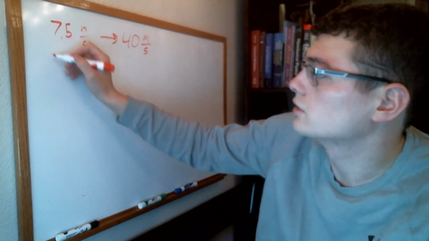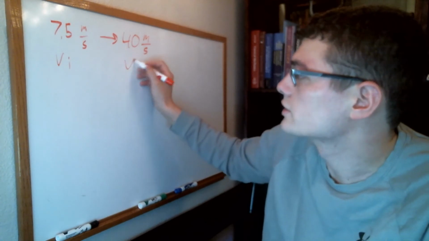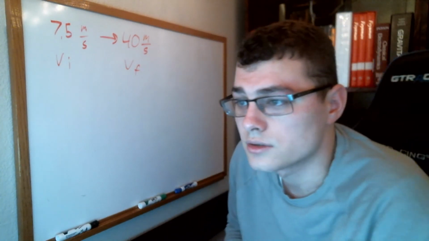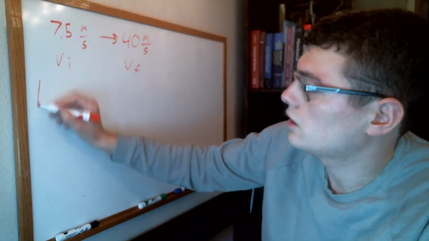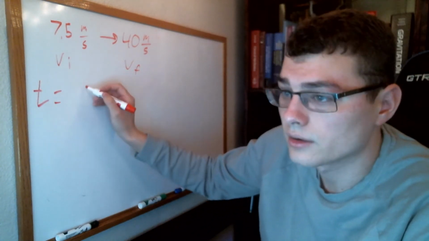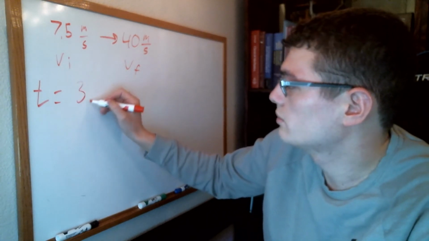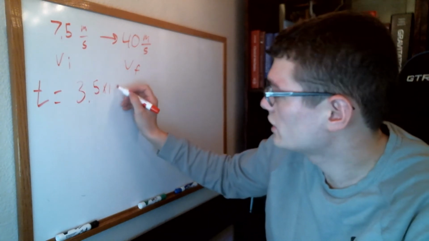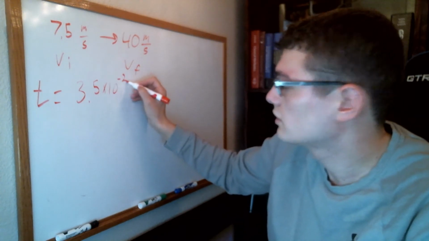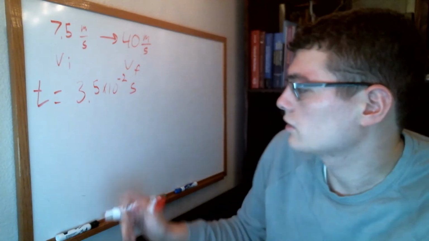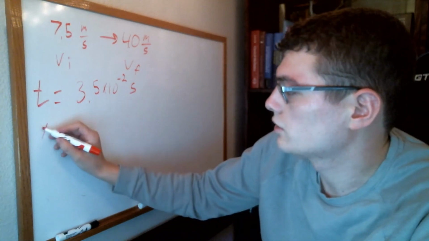This is going to be vi, this is going to be vf, and for the time t, I'm going to make that, say, 3.5 times 10 to the negative seconds. So we had our one kinematic equation, right?